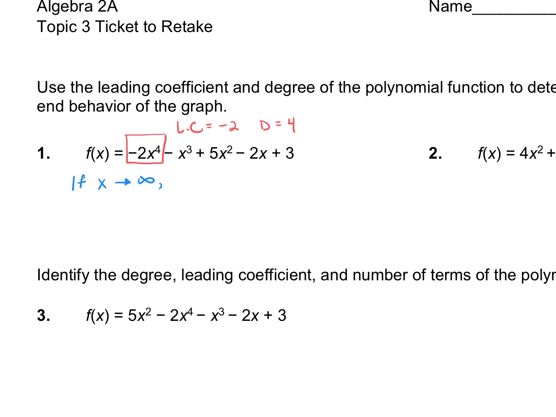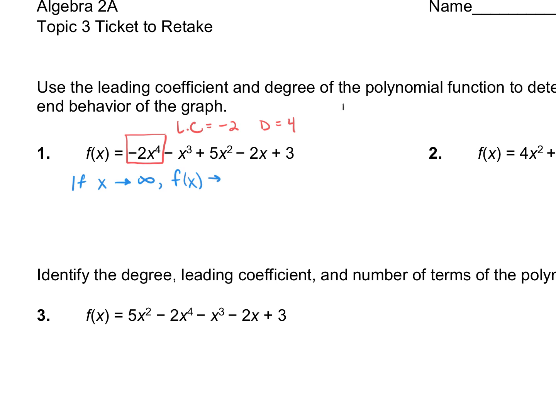So what is your function doing on the right side? Then we would say our function, f of x, is approaching either infinity or negative infinity, which means is your function going up or down on the right side? And the thing that determines that is your leading coefficient. If your leading coefficient is positive, then your graph will go up on the right. If the leading coefficient is negative, then our graph will go down on the right.